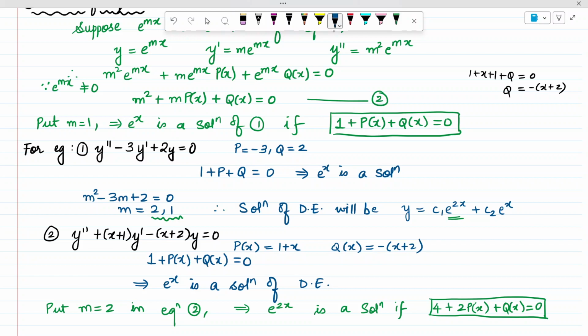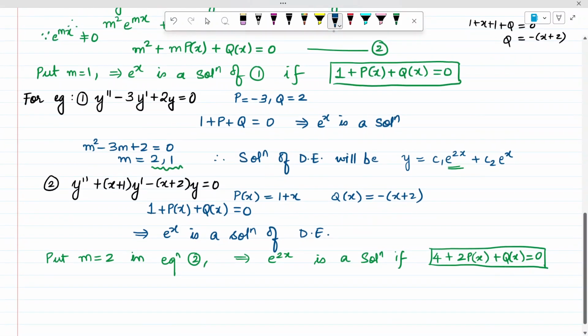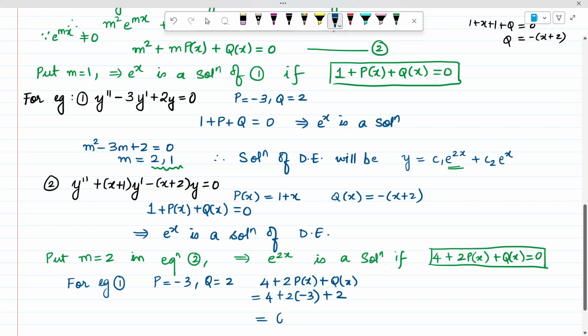For example number 1, let me do it from the left hand side. Here p is again -3 and q is 2. What will the value of 4 plus 2 times p of x plus q of x be? 4 plus 2 into -3 plus 2, correct? So this becomes 6 minus 6, which is 0, which is what we wanted, right? If it equals 0, this implies e raised to 2x is the solution, which we already have. Are you understanding?